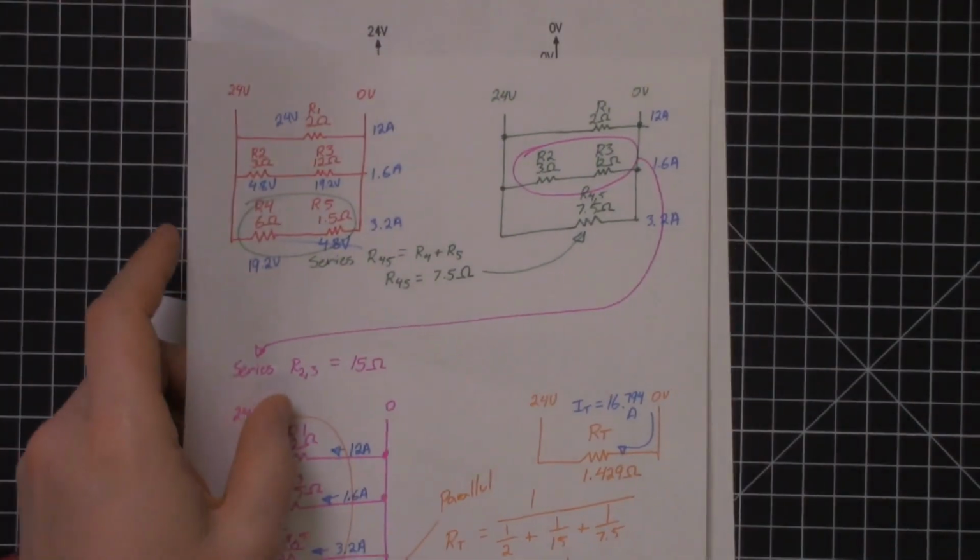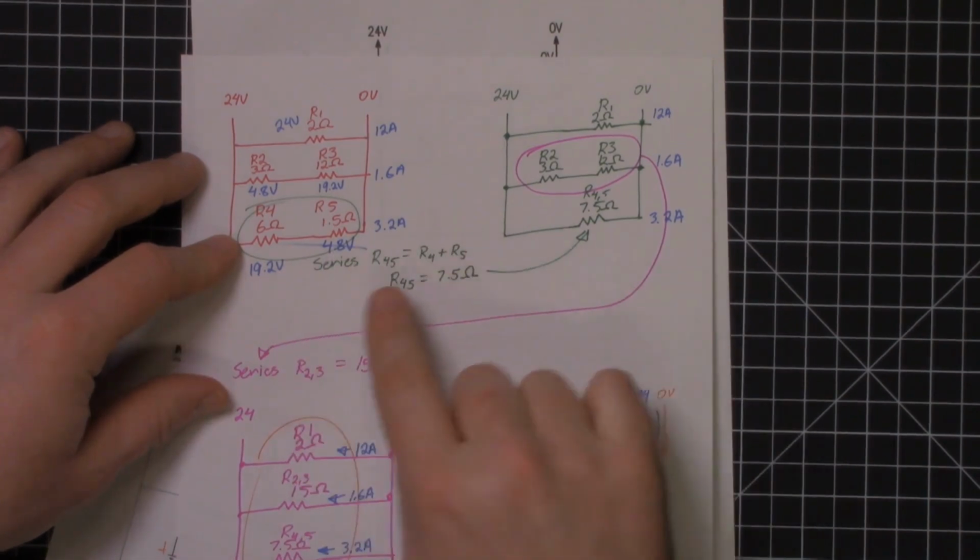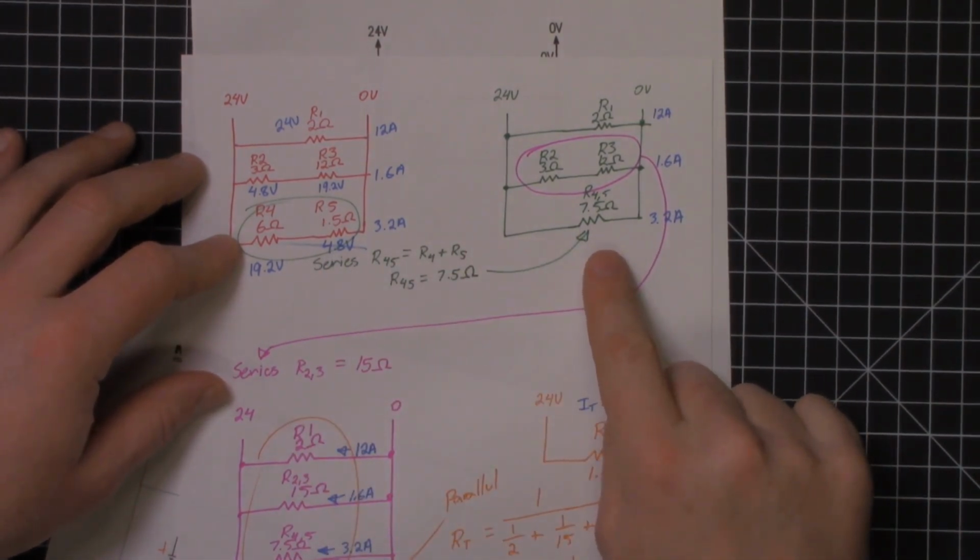So that was one of those dreaded series parallel circuits. I know it takes a little bit of time to get used to it, but I think if you do your due diligence and redraw the circuits as we showed here, break them down, and figure out what elements are in simple series or simple parallel. You figure out, okay, these are in series, so we can combine them using the series formula.